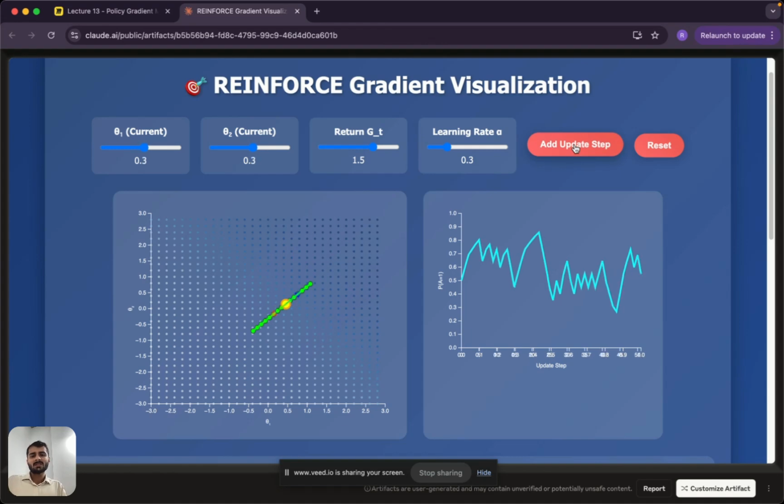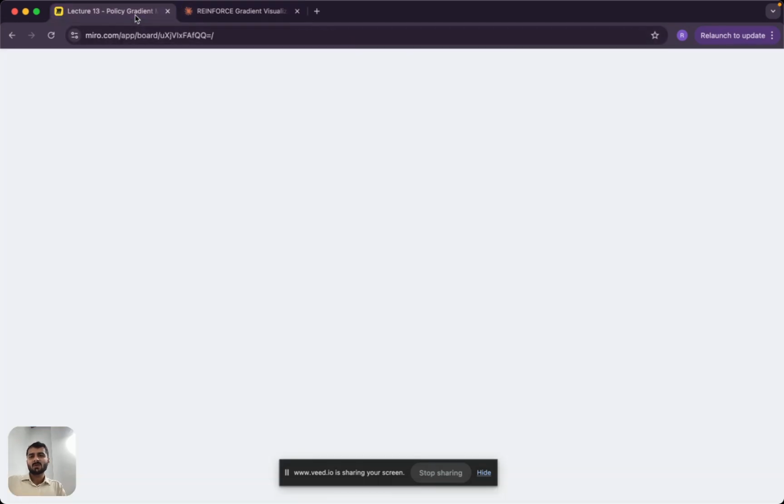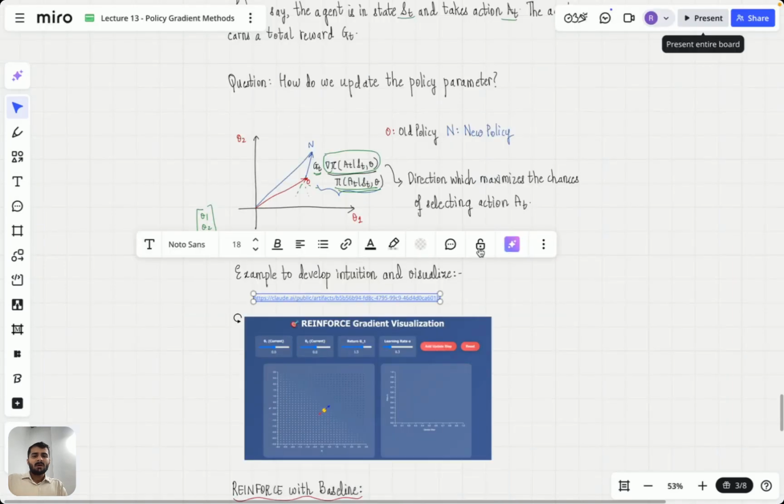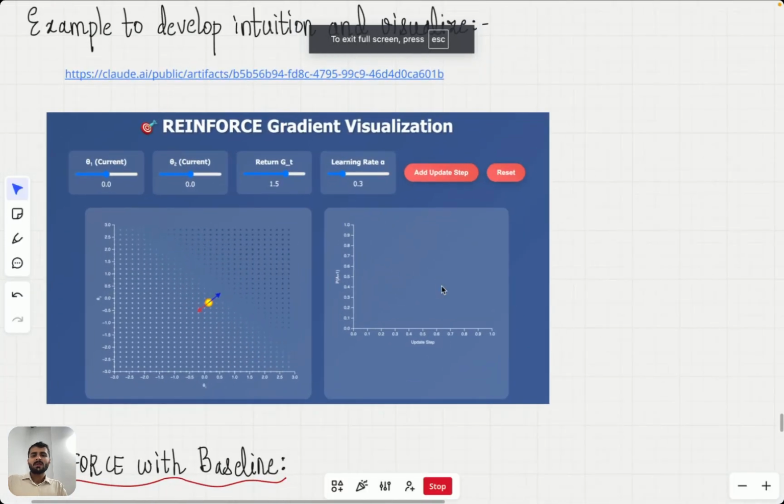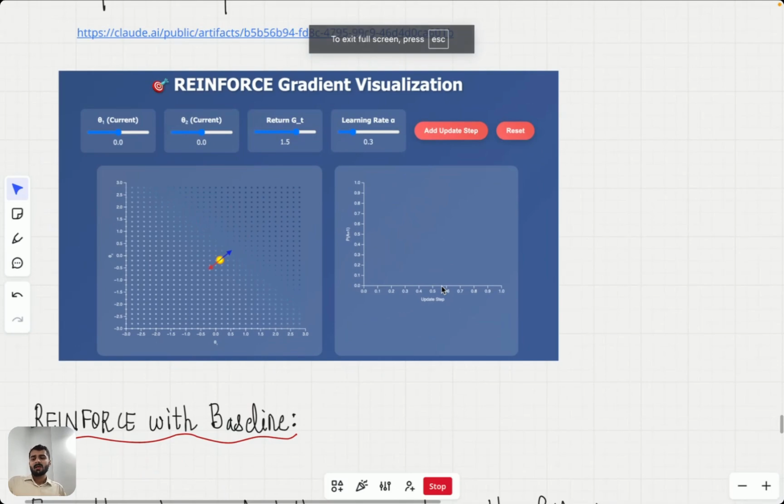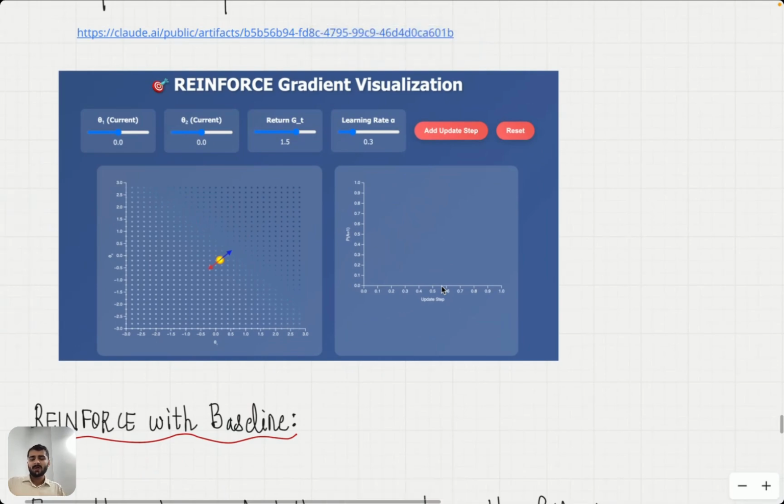From this visualization, I only want you to understand how at each step theta 1 and theta 2 keep on varying, and depending on the values of theta 1 and theta 2 and the gradient direction, the next values are updated based on grad pi divided by pi. That's all.